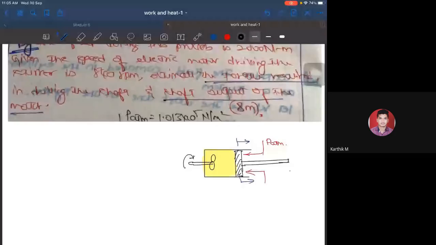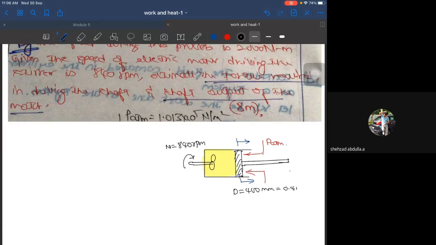RPM is 840. The cylinder diameter is 400 mm. Okay, cylinder diameter has been given, 400 mm.